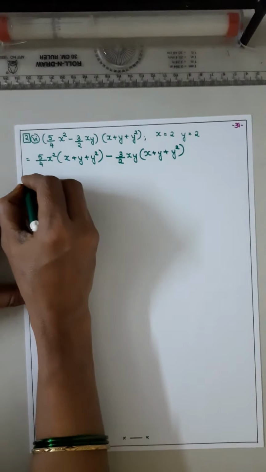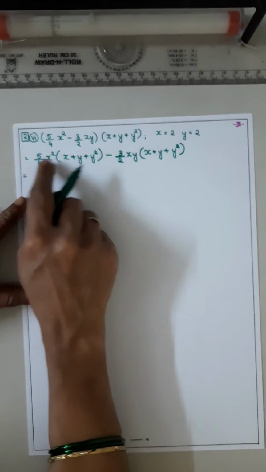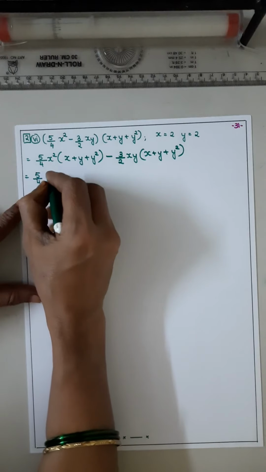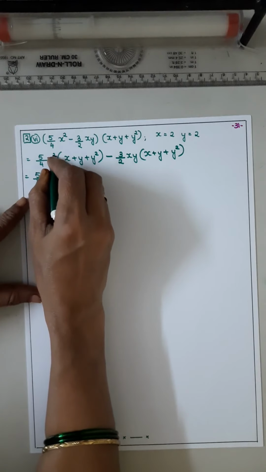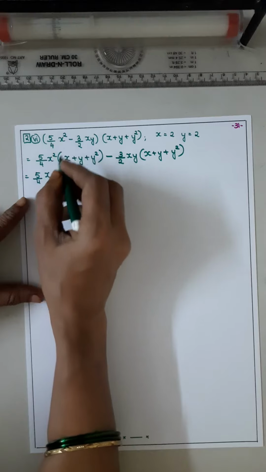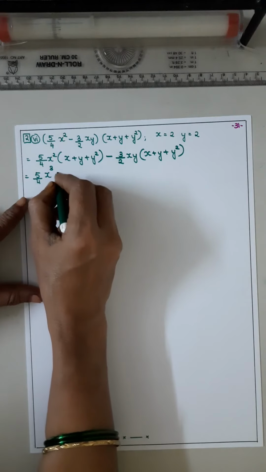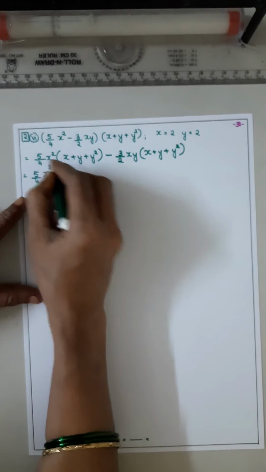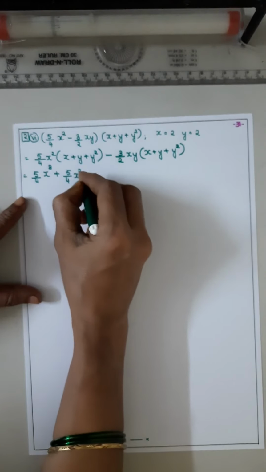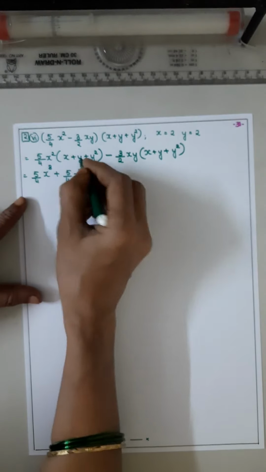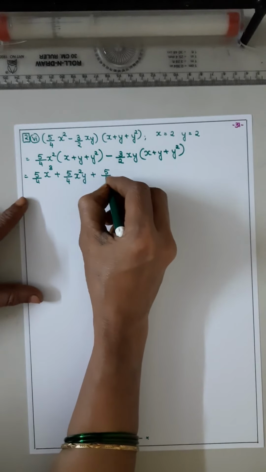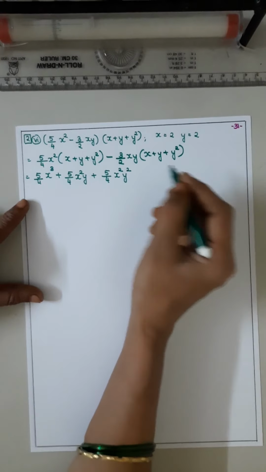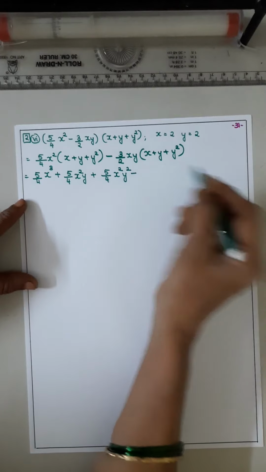Now when you multiply here, no number, so it will be the same 5 by 4 x squared, and 1, that is 2 plus 1 is 3. Plus, number is not there, same 5 by 4, and here it is x squared and here it is y. Again 5 by 4 x squared and here it is y squared. Now minus of plus means minus.